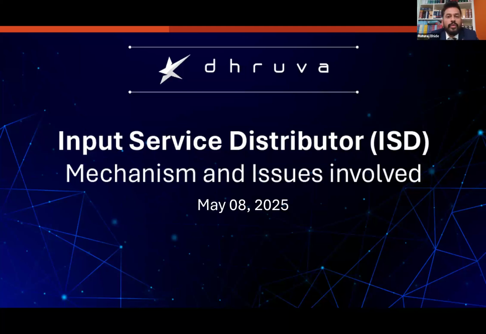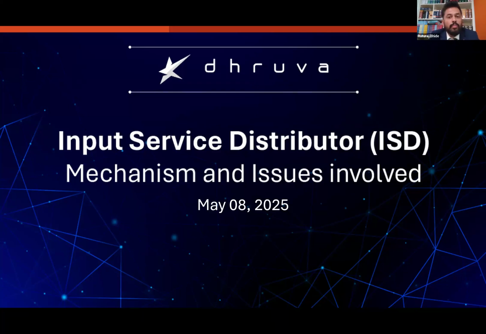And more importantly, we will be covering practical points and key questions which come to anybody who's dealing with ISD mechanism. I'm joined by my colleagues Sangeeta and Arun, who will be sharing their practical insights on what are the key points and what are the key pitfalls to avoid when one is dealing with an ISD mechanism.